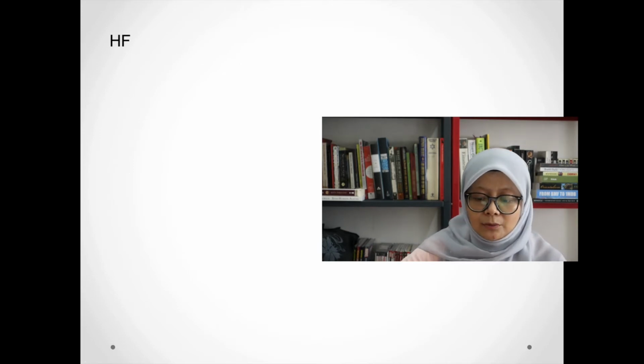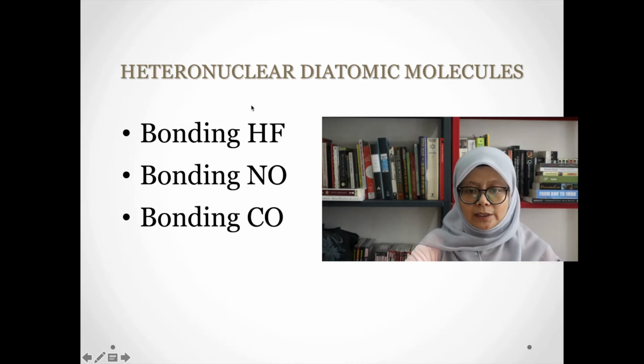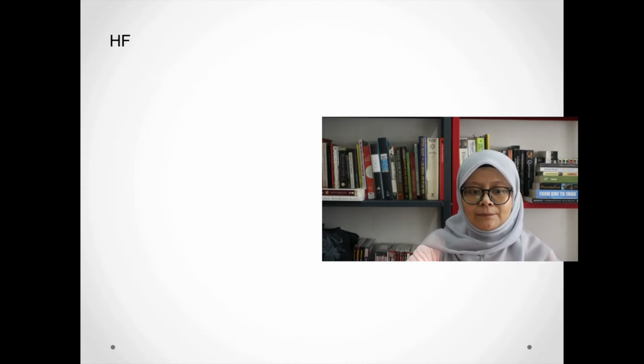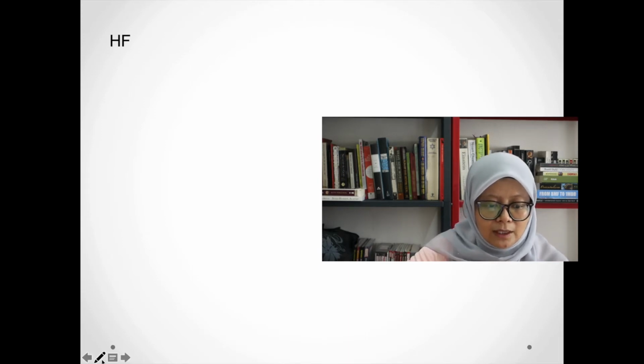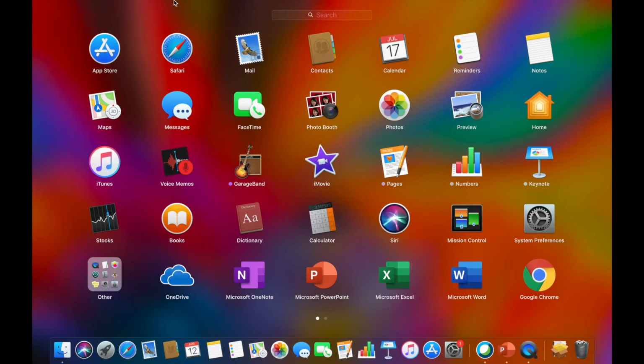So, how to draw this kind of molecular orbital diagram for heteronuclear diatomic molecules. First thing, as usual, you need to draw the energy axis.